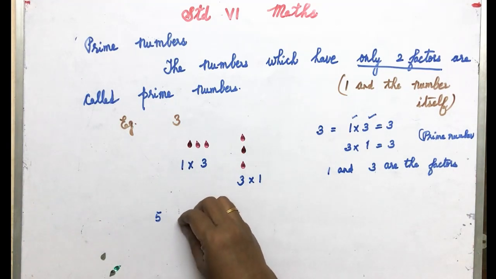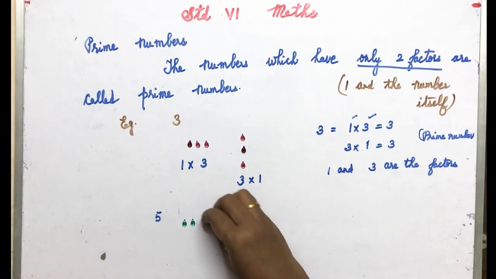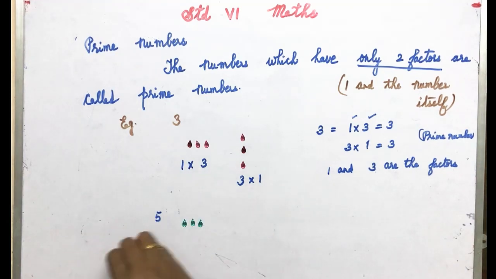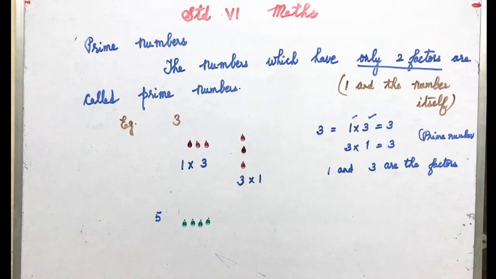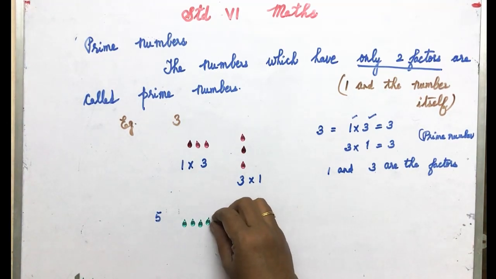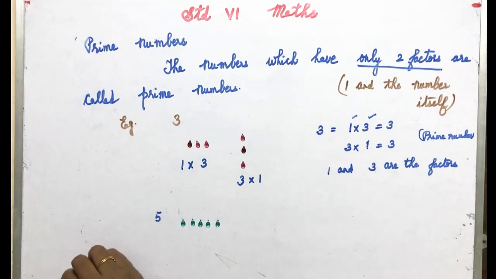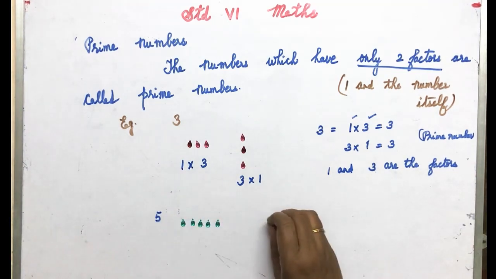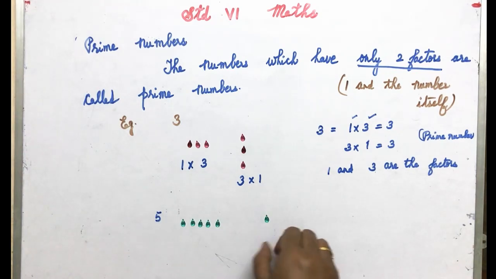Now, see, we can arrange 1, 2, 3, 4, 5. So, there is one row. In one row we have arranged 5. Another way is we can arrange 5 rows, but 1 in each row.